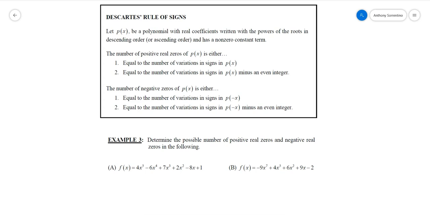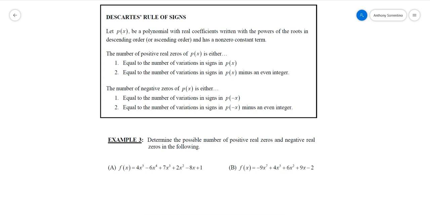Now, what that means is if I have all of the x's, the powers of x represented, again, I don't have to worry about any zeros because those don't consider changes in sign. All I'm looking at is the signs to see if they change or anything in between them.